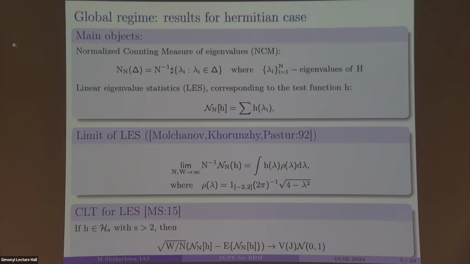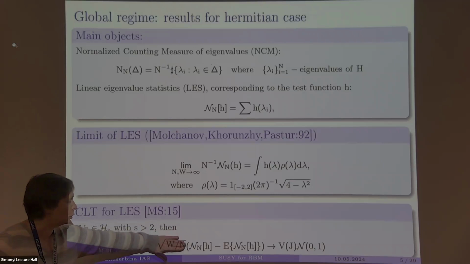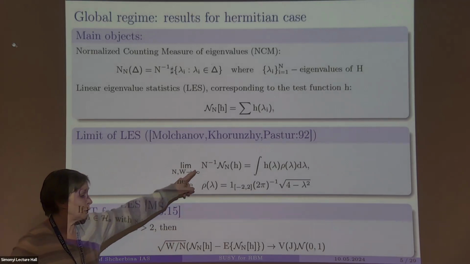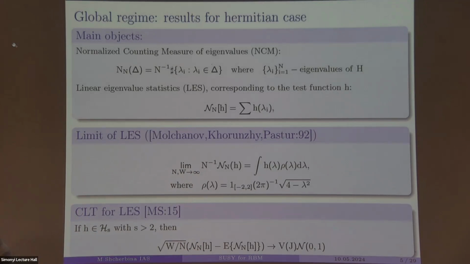It uses standard methods, and there is also a result for the CLT. So you subtract the expectation and introduce some normalization. By the way, it's interesting that here, if W is equal to n, then like in the Wigner case, you have no normalization at all. So the central limit theorem, after the law of large numbers, holds for linear statistics without normalization at all, which is not usual for probability theory, but here it is.